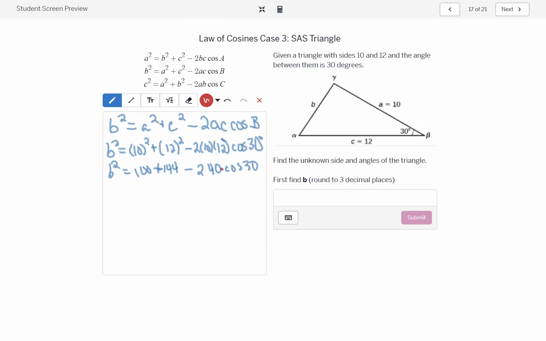So we type all that in, and we have b squared is 36.1539, and so on. All right, so does the third side being 36 sound reasonable? Why not?